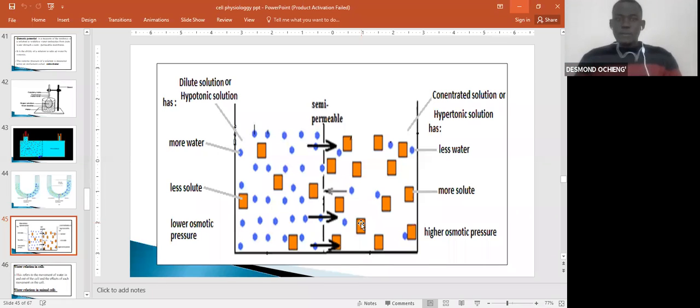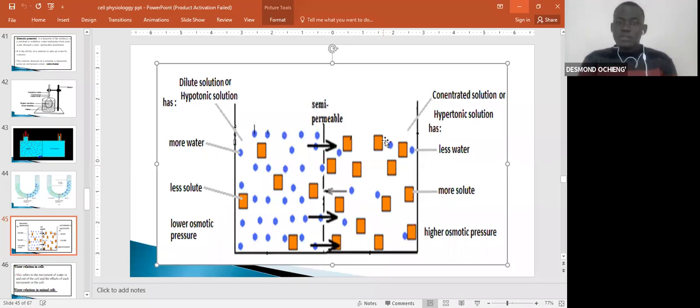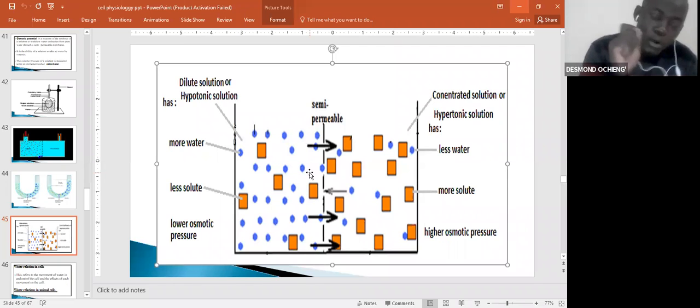If you look at my diagram here, this is a diagram that is made up of two solutions. Where I'm showing my cursor here, we have a concentrated solution or a hypertonic solution. On this other side, we have a dilute solution or hypotonic solution.